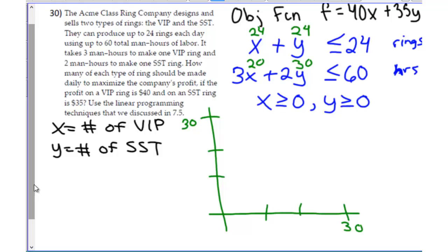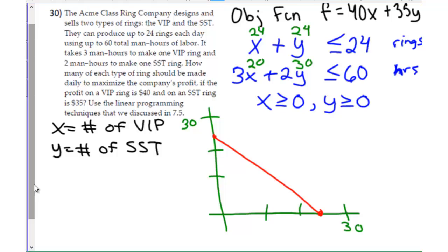The first line goes through 24 and 24. And because these are both positive in front of y, I can take this less than or equal to. It is less than this line. Okay, so I'm going to shade down and left.